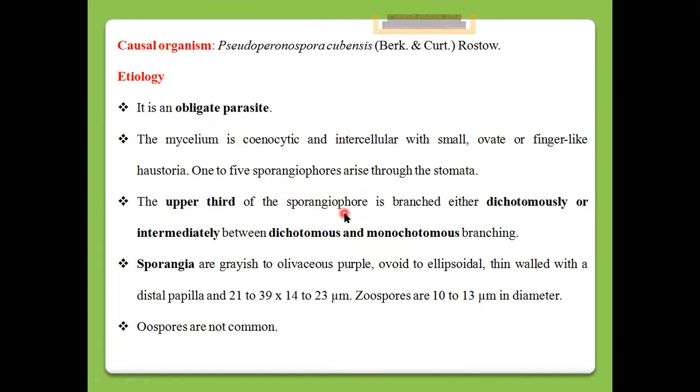The main characteristic of this Pseudoperonospora is that the upper third portion of the sporangiophore is branched either dichotomously or intermediately between dichotomous and monochotomous branching. One or two sterigmata are developed at the end of the branching structure of the sporangiophore and generally attach the sporangia.